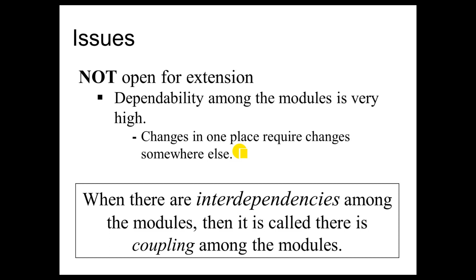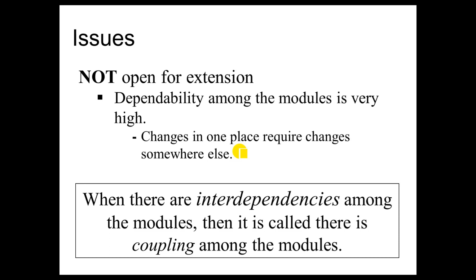Coupling occurs in this implementation. So finally, in our implementation, we have coupling, and it is not our objective. We should not have coupling because due to coupling, changes in one place require changes somewhere else, right?